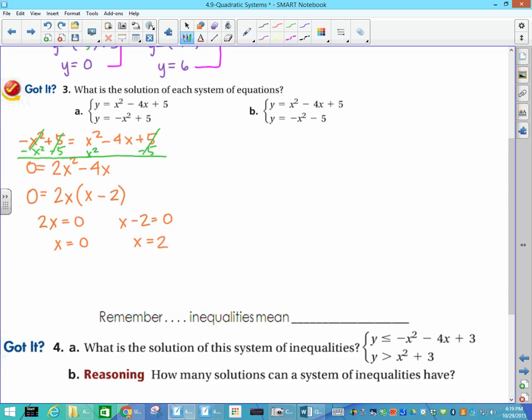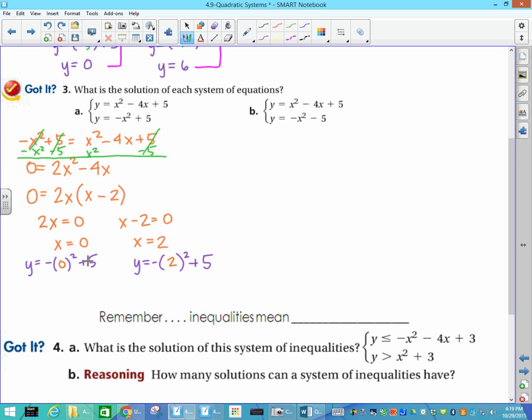Now I have to go find the corresponding y value. So I go back, and it doesn't matter which one you use, whichever one's easier for you. So I'm going to use the shorter one, negative whatever x is squared plus 5. So that's what I'm going to do on both of these. Y equals negative x squared plus 5. So what do I have in this problem? X is 0, so I'm going to plug it in here, and over here I'm plugging in 2.